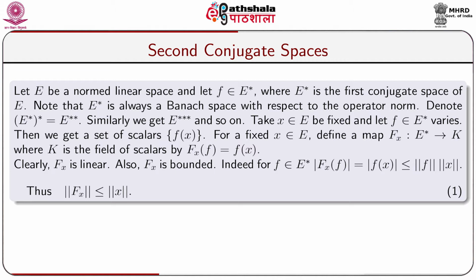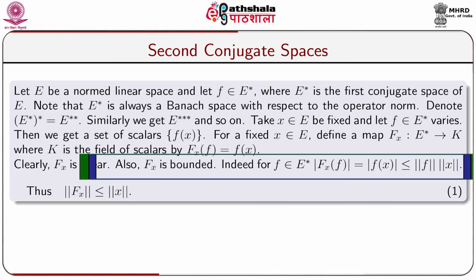It is easy to see that F x is linear. That means, if we take f comma g belonging to E star, then F x of f plus g equal to F x of f plus F x of g. For any scalar lambda, F x of lambda f equal to lambda times F x of f. Also, F x is bounded. This can be seen from the following fact.